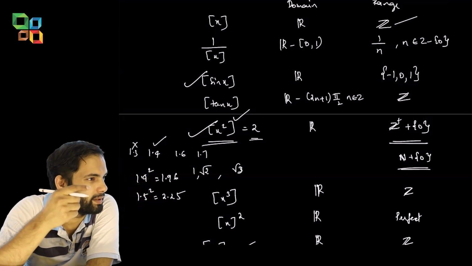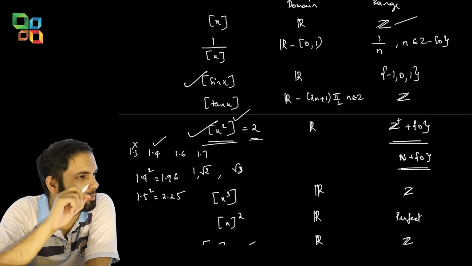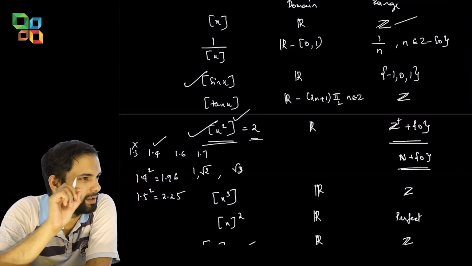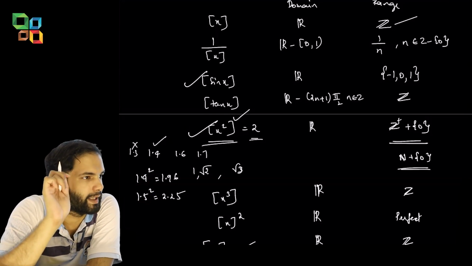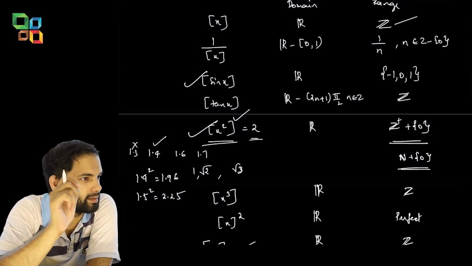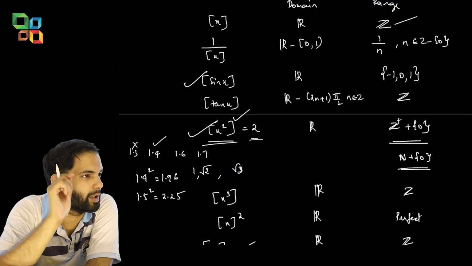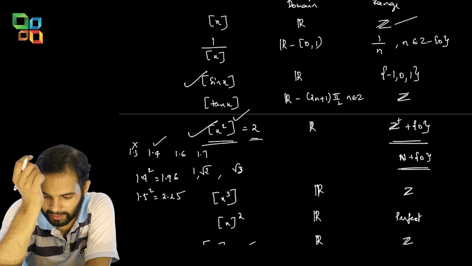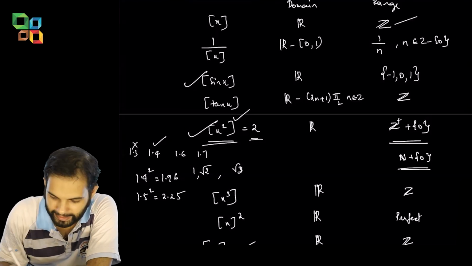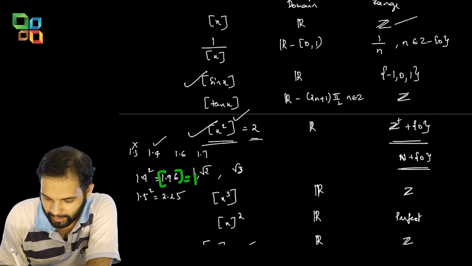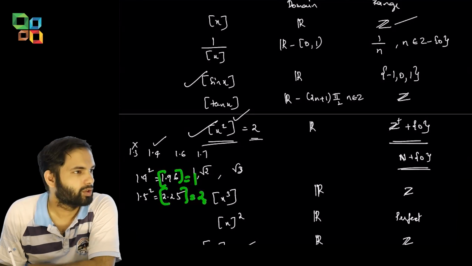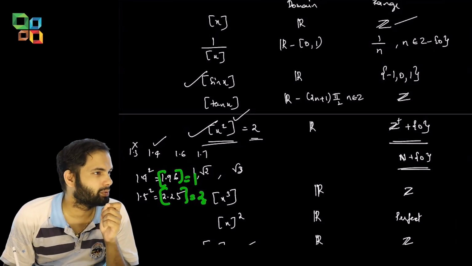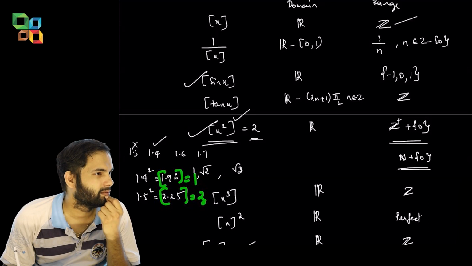You get my query? See, x is moving from 1 to 2. At 1.4, a particular point I checked, it was 1.96. There, the integer part was 1. At 1.5, I checked, it is 2.25. Here, the integer part is 2. So, somewhere in between, it changed from 1 to 2. Which is that particular number?